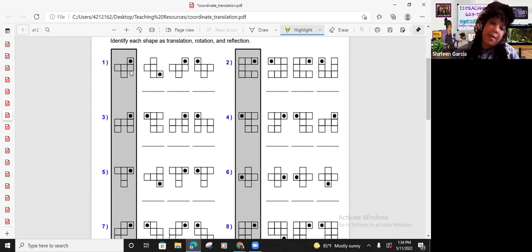It's kind of like a little bird maybe. 3 little boxes in the middle, 1 on the top for the head and 1 on the bottom for the foot in the middle, okay? So this is how the shape is in its original location. What's going on here? Did we translate it? Did we rotate it? Or are we reflecting it?